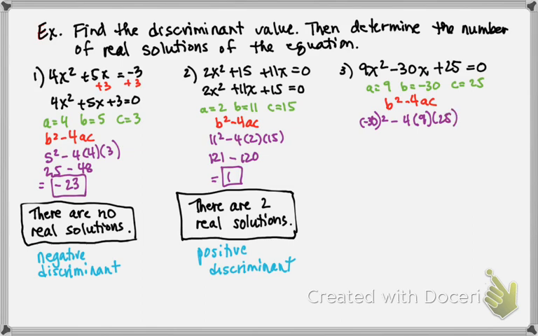So a negative squared is a positive, so I get 900, and then minus 900 equals 0. And so then we would say there is 1 real solution.